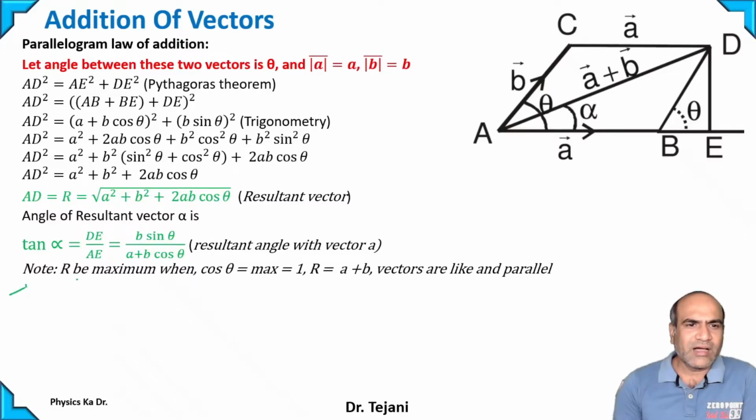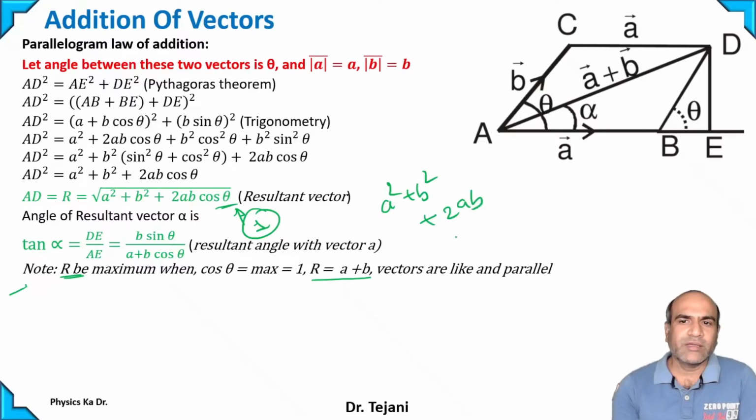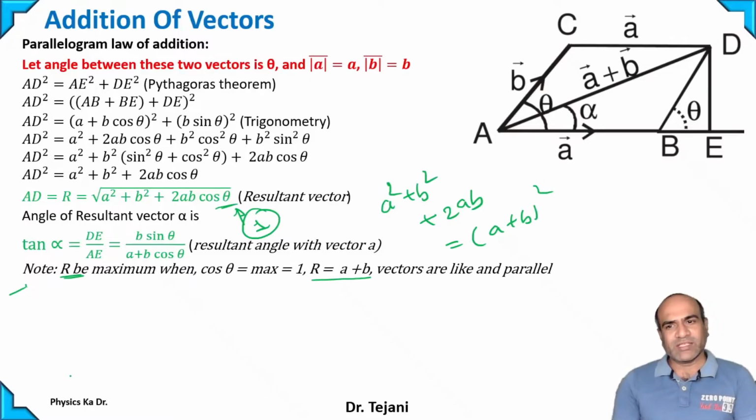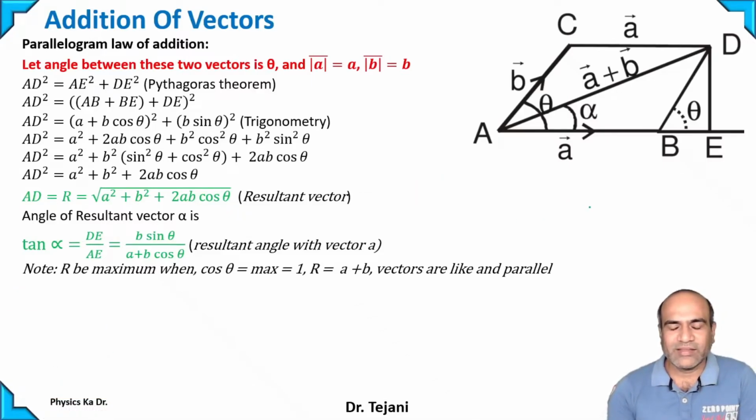Here R becomes maximum when cos theta becomes maximum. So the maximum of cos theta possible is 1. At that time, when you take 1, A square plus B square plus 2AB is equal to (A plus B) square, and therefore R is equal to A plus B. When does it happen? Theta is equal to 0.